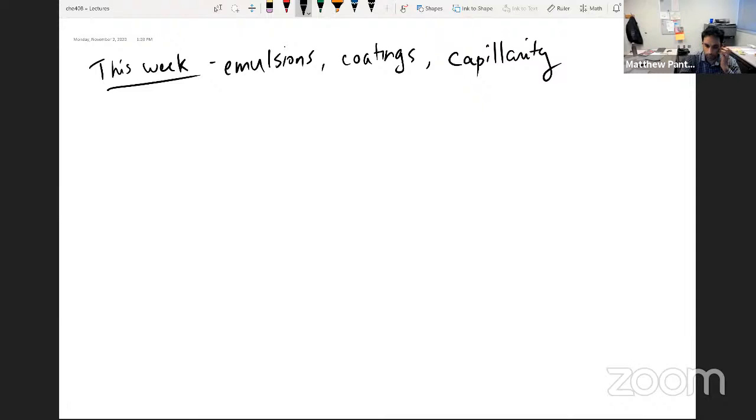So today we're going to talk about emulsions. On Wednesday, we're going to be talking about coatings, so different types of coatings. So some of this will be tied to emulsions and micelles, and some of it won't. This encompasses a lot of what we talk about in this class, so I think it's a good time to fit it in.